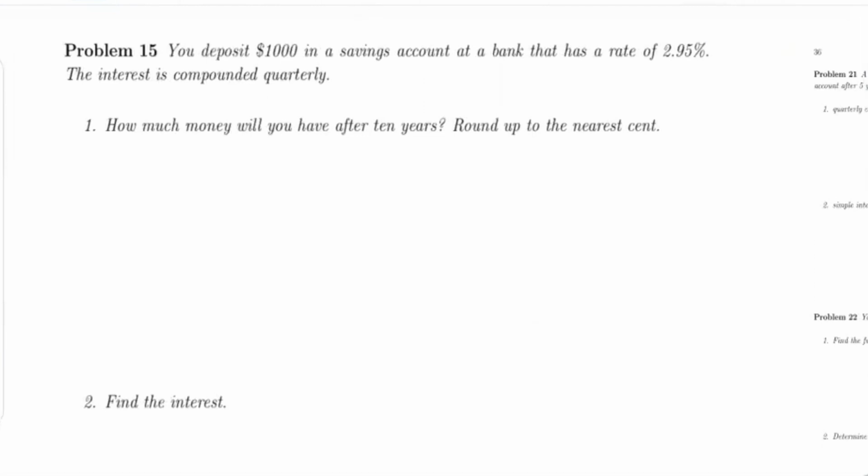You deposit $1,000 in a bank at the rate of 2.95%. The interest is compounded quarterly. Here is a magic word, compounded quarterly. How much money will you have after 10 years, and find the interest. Let me give you a formula: A equals P times (1 plus R over N) to the power NT. This is the compound interest formula.